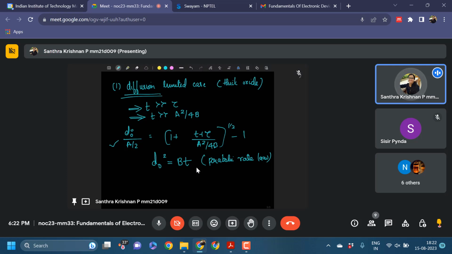The rate constant B as a function of temperature is also given in your summary, right? So basically this is the case when it comes to diffusion limited reaction: D0 square is equal to B T. Next we have the reaction control case.